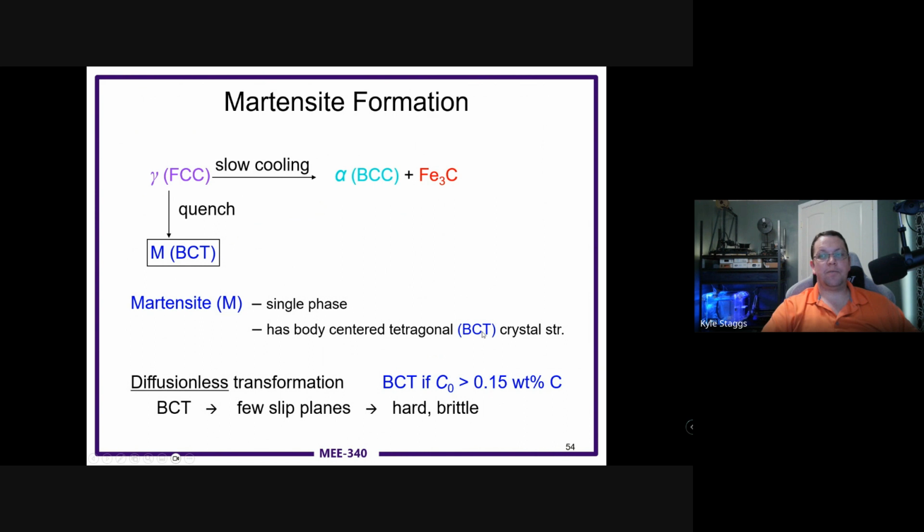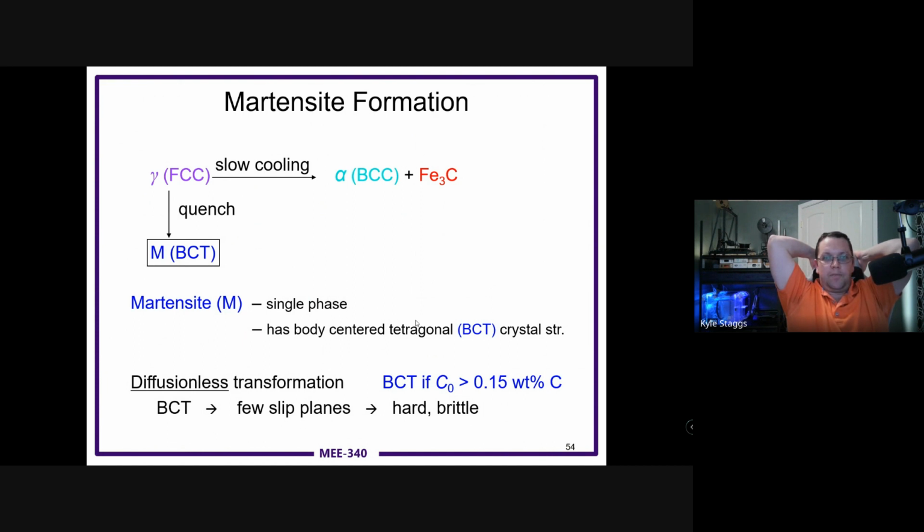So this is a tetragonal. So this is, again, not even a hexagonal, but a tetragonal. It leaves a lot of spaces for carbon to be solubilized.